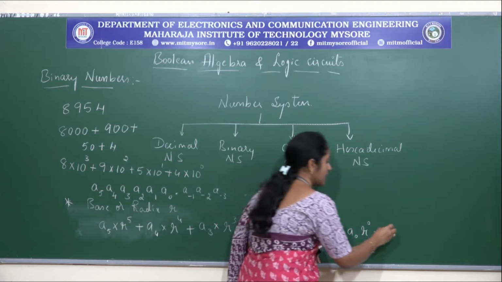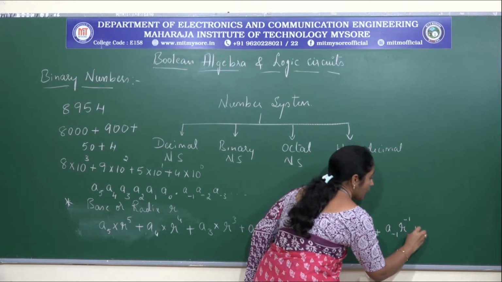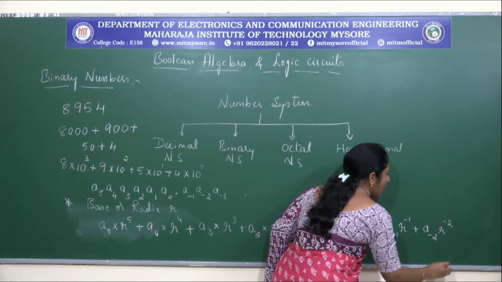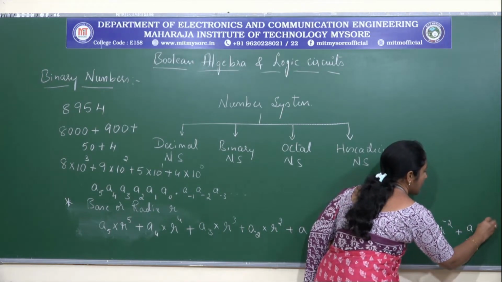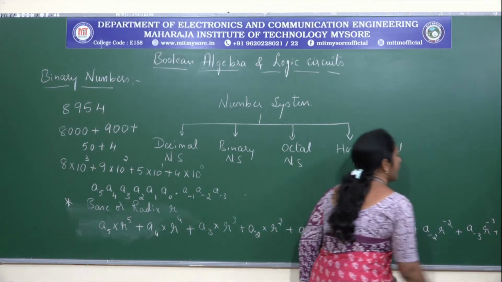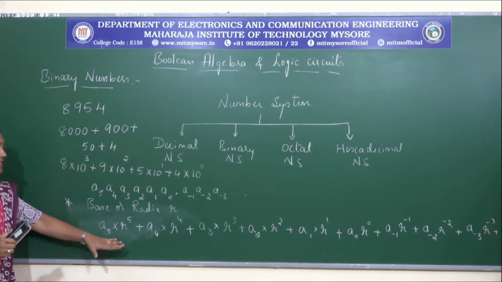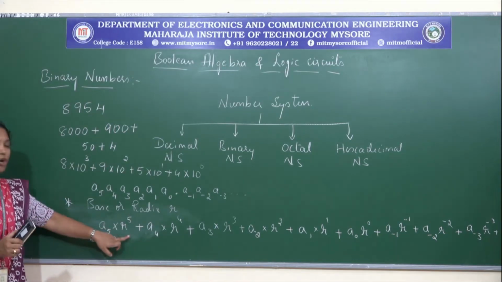They are represented like this: A minus 1 into r power minus 1 plus A minus 2 into r power minus 2, A minus 3 into r power minus 3, etc. This is the general format for representing any number in terms of its coefficients.